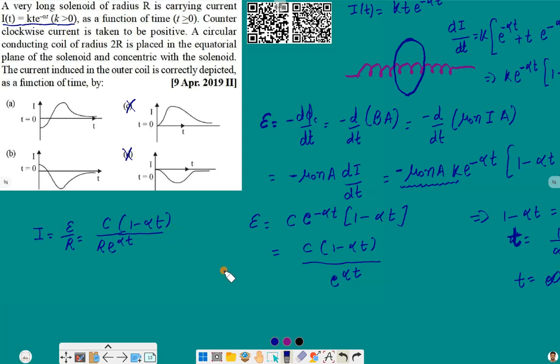Now let's further do our analysis. To differentiate and find whether this induced current will be increasing or decreasing with time, we have to find out the behavior of our original current.